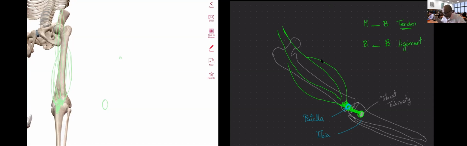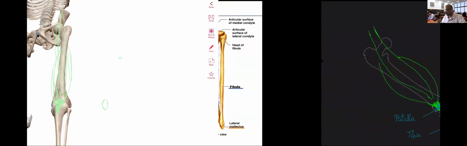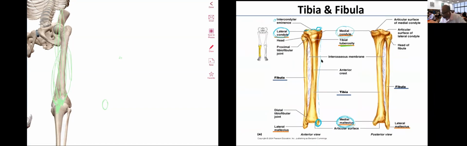So we're gonna call this part on here the patellar ligament. So again, what is the function of the tibial tuberosity? Tibial tuberosity is the site for attachment of the patellar ligament. And you understand now that the patellar ligament is just a continuation of the tendon of the quadriceps femoris.